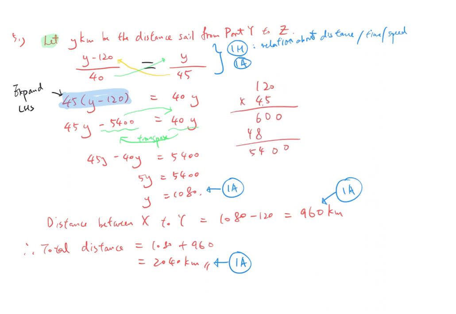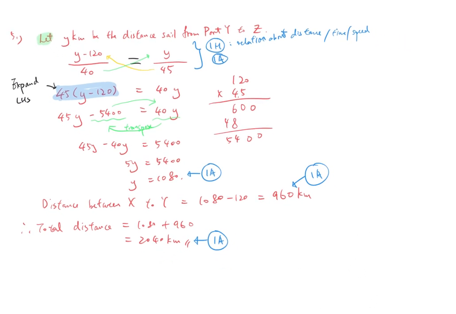Moreover, for this question, maybe we can do some checking. Because it says the time travelled from X to Y and Y to Z are the same, we can try to find the time for Y to Z. Because we find that y is 1080, we can substitute the 1080 inside, and finally you find that this is 24, and the unit is hours.